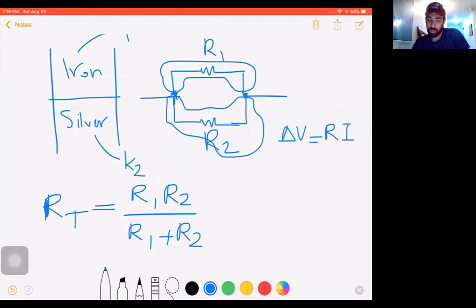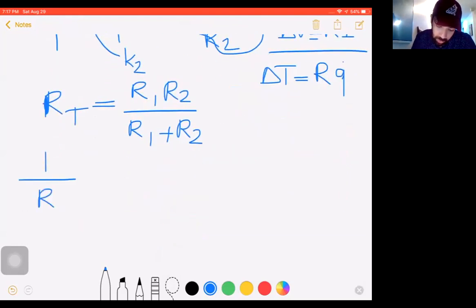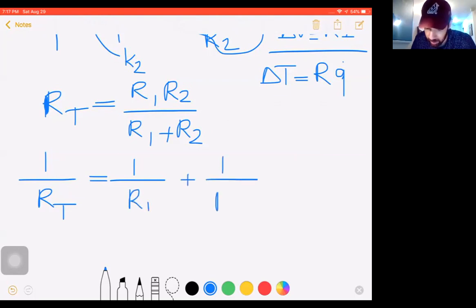That is actually, in our case, temperature difference equals resistivity times the heat rate. And by knowing that, you can demonstrate that 1 over equivalent resistivity will be equal to 1 over first resistivity plus 1 over the second resistivity.